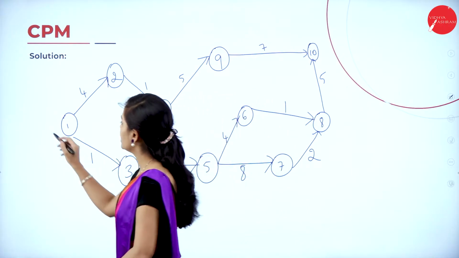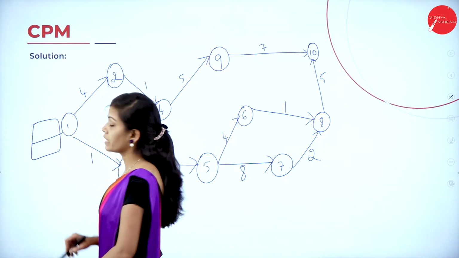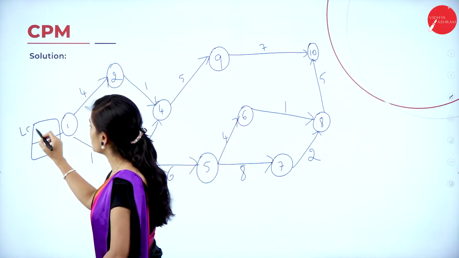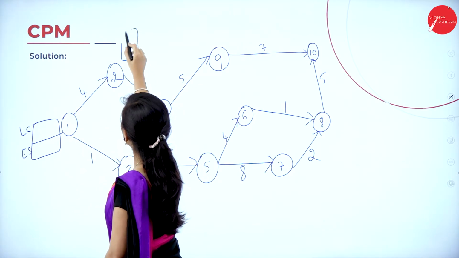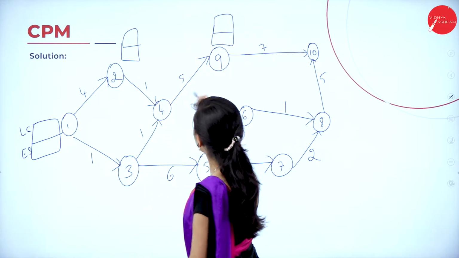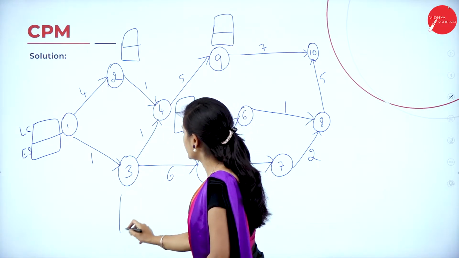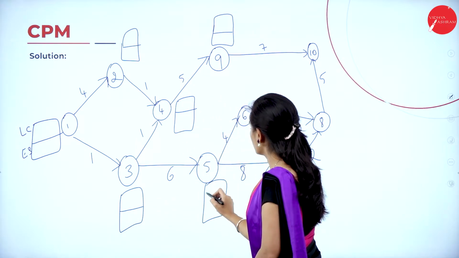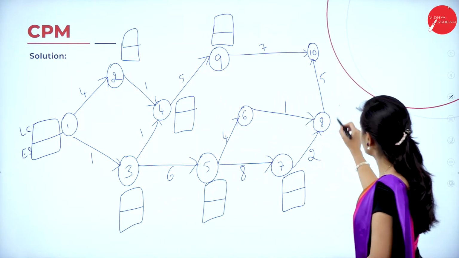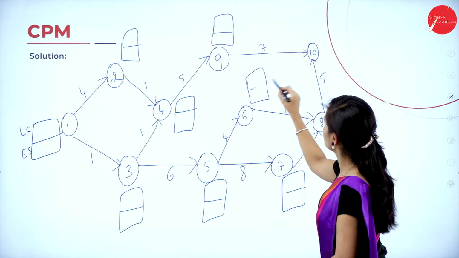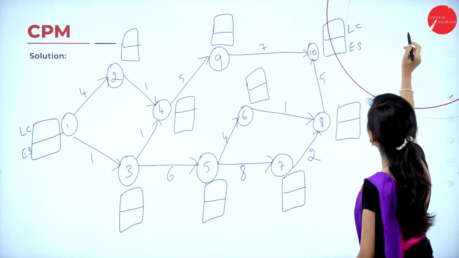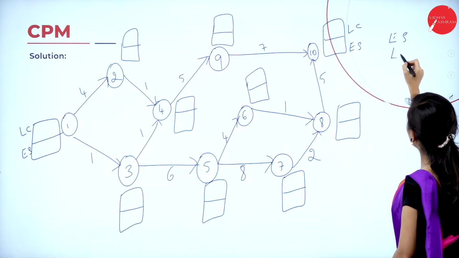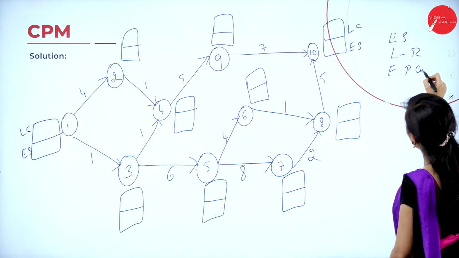Next you have to find the earliest starting time and latest completion time for each and every node. For finding the earliest starting time, you have to use left to right, that is forward pass computation.